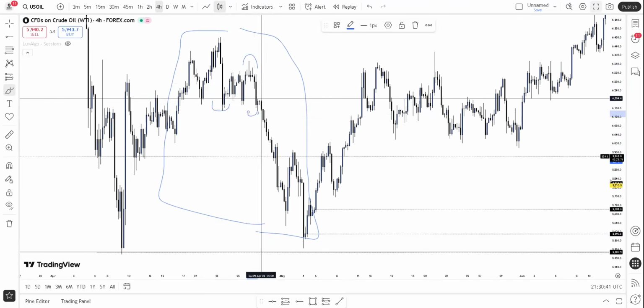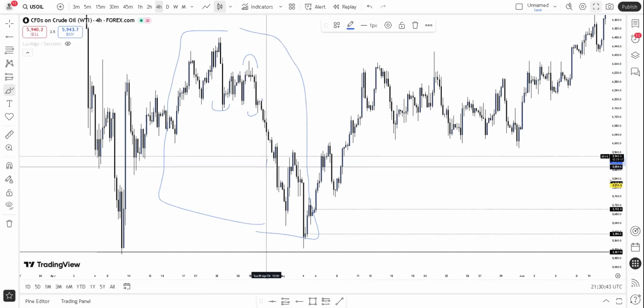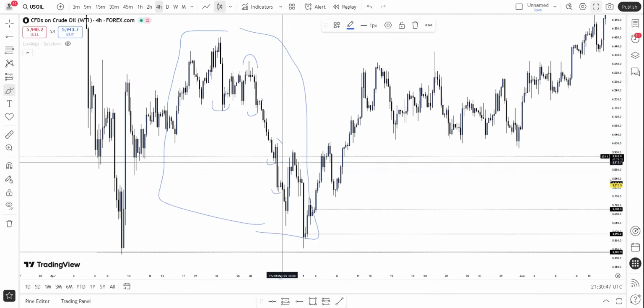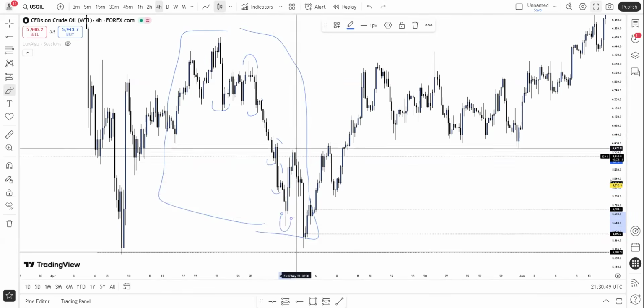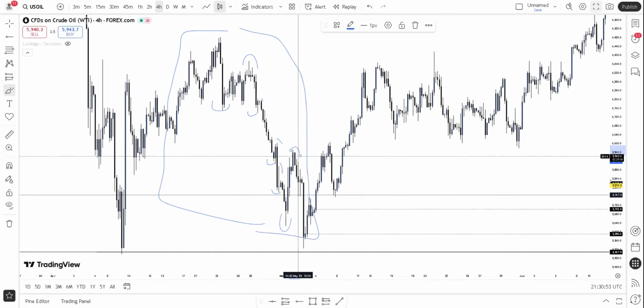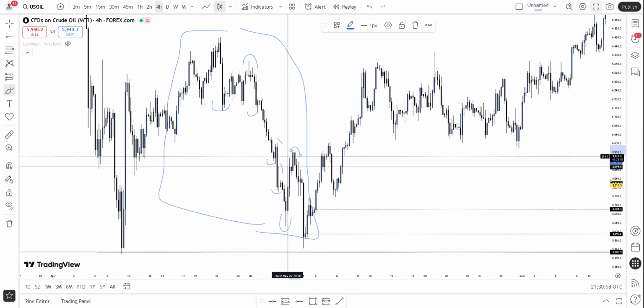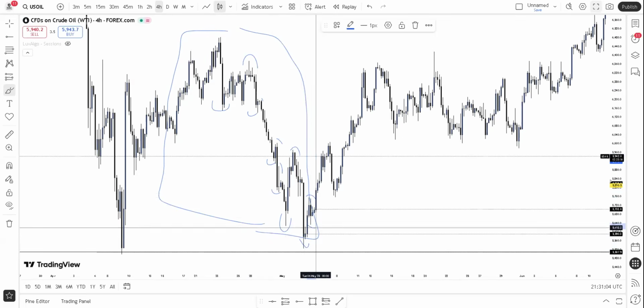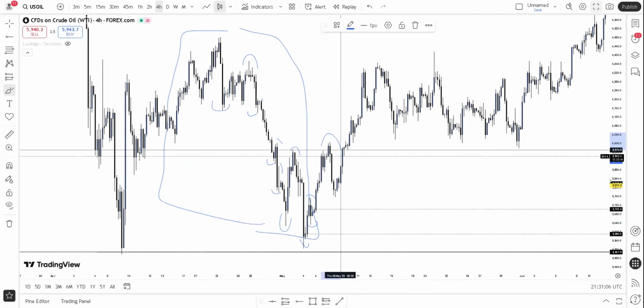Lower low, lower high. Lower low, lower high. Lower low, lower what? High. Yes, this is a lower high. Good. Then a lower low, and what happened? A higher low, a higher high.